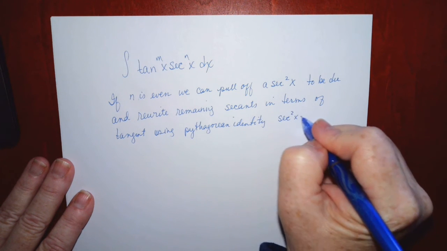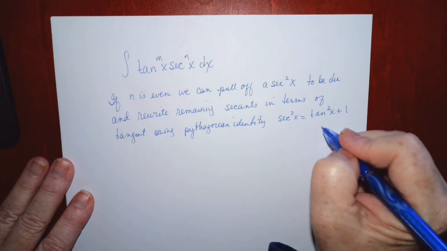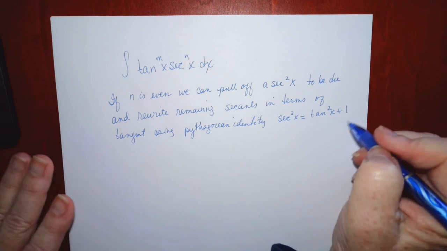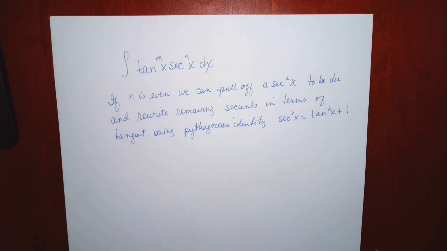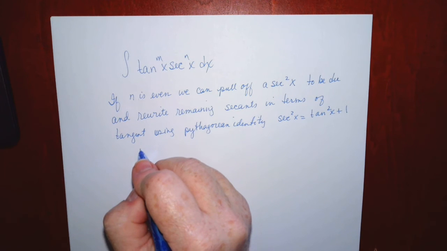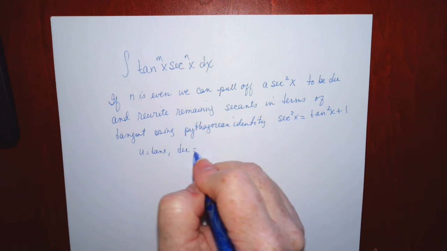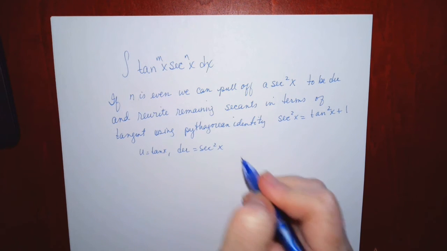Secant squared x equals tangent squared x plus 1, which means that tangent squared is also equal to secant squared x minus 1. So once you do that, you'll use u equals tangent x, du equals secant squared x.